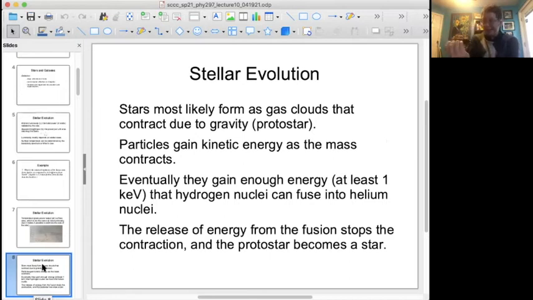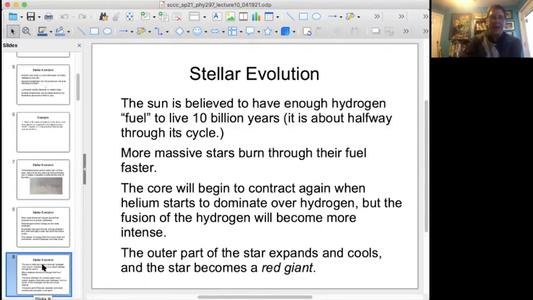The star ignites, or a star is born, for lack of a better way of putting it. At that moment of ignition, the released energy stops the contraction. The sun is believed to have enough hydrogen fuel to live 10 billion years, of which it's lived 5 billion. So it's about halfway through its cycle.